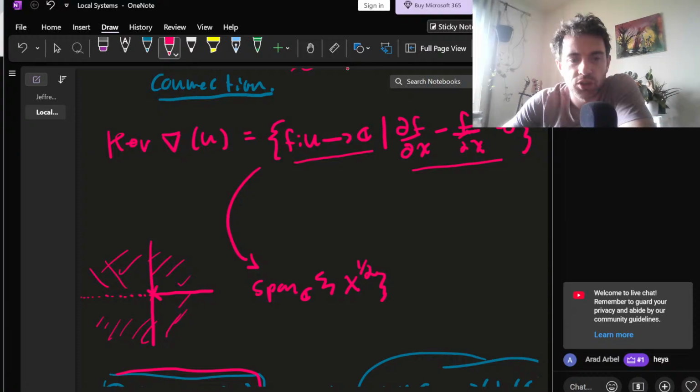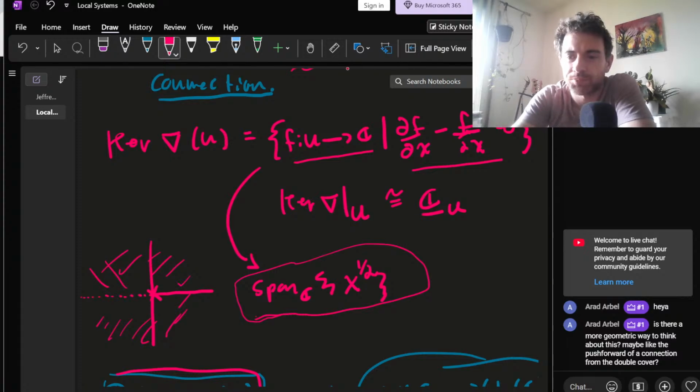I mean, for this open set U, it's basically just this one-dimensional vector space, right? So it's the kernel of this restricted to this open set is isomorphic to the constant sheaf on that open set.